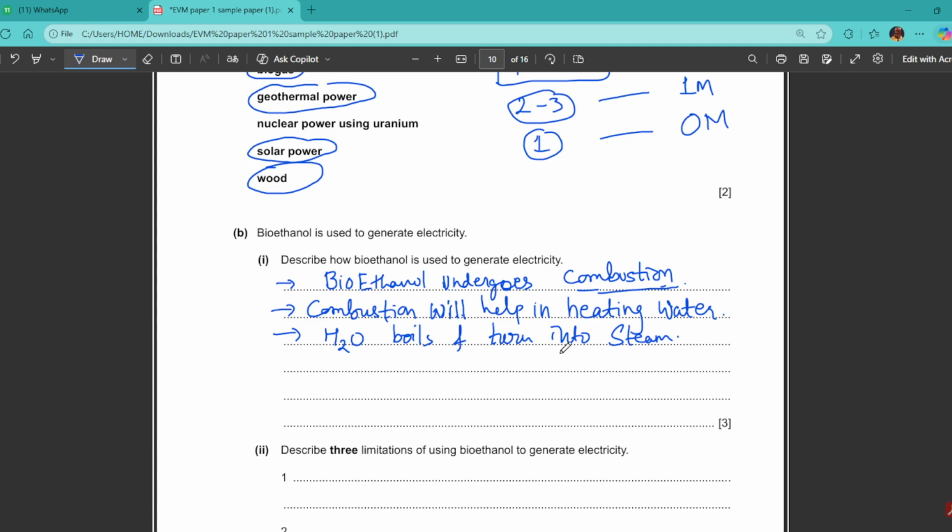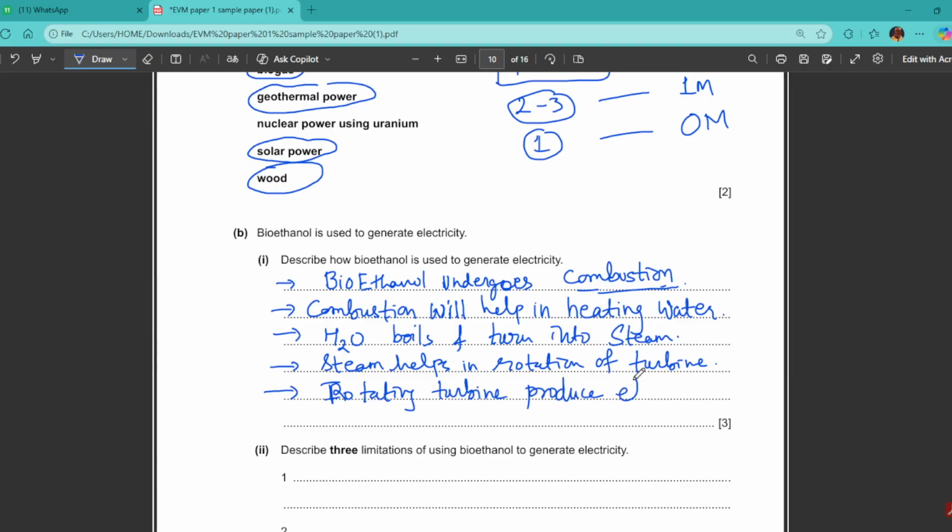Once it is turning into steam, steam helps in rotation of the turbine, and once the turbine rotates, it produces electricity.